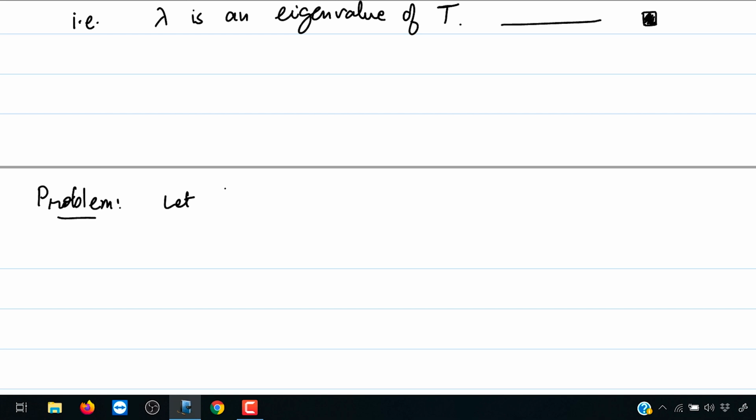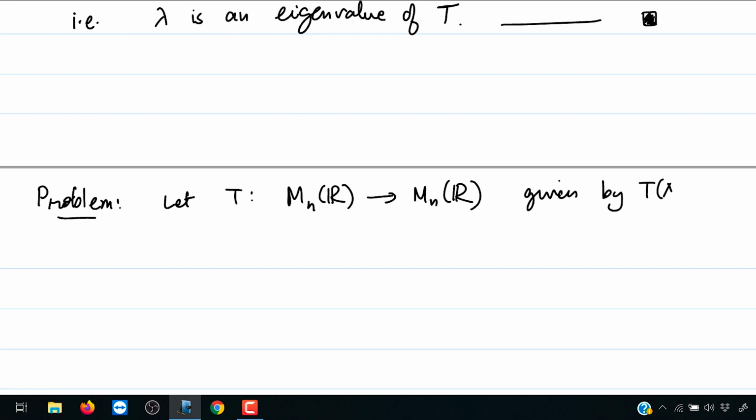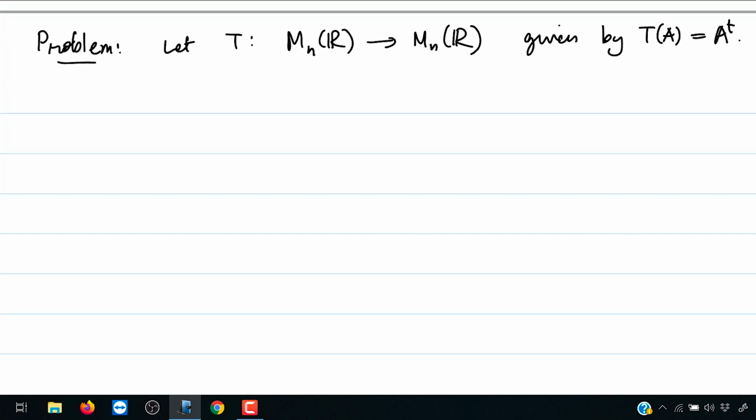Let T be a map from Mn of R to Mn of R given by T of A is equal to A transpose. I'll leave it to you to check that this map actually is a linear map. So the first problem is to find the eigenvalues of T.